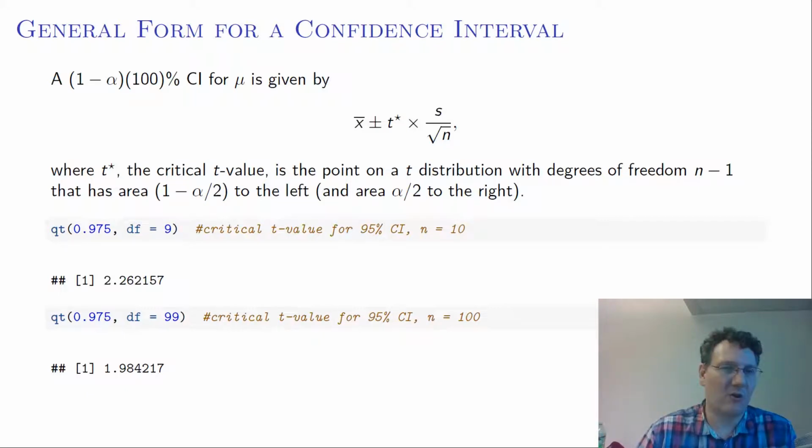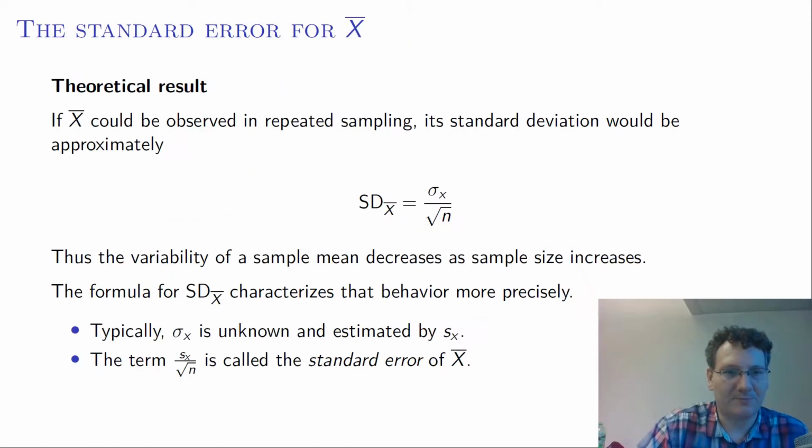How far are we from 100%, or from 1, I should say? That's 0.05, the corresponding alpha. And so to find the critical t-value, you would use 1 minus alpha over 2. That's how we got that 0.975.